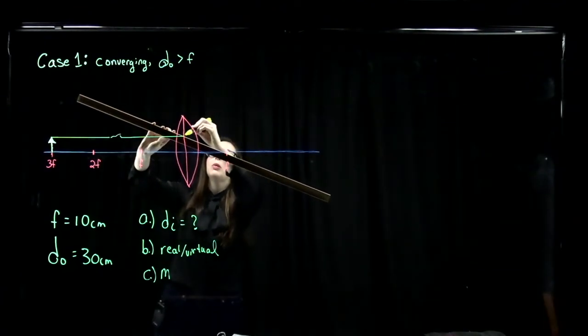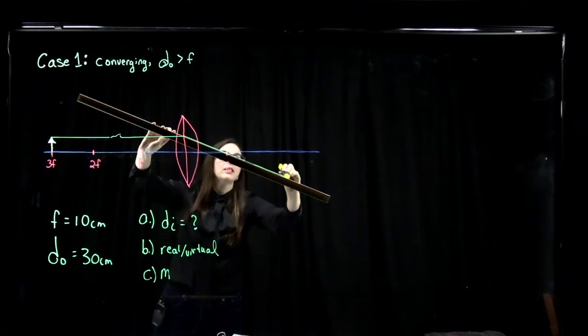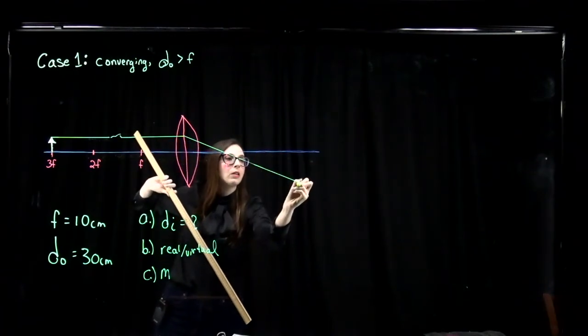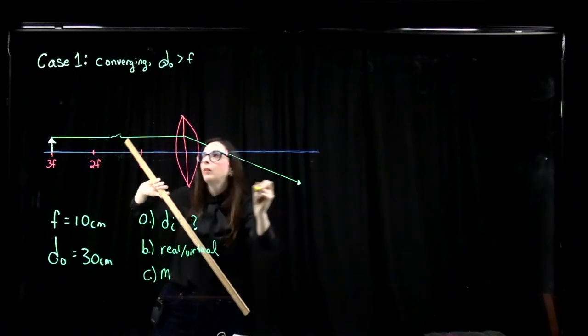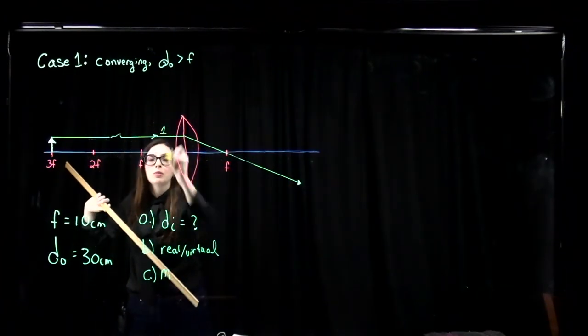So I cross the midpoint of my lens and go through the focal point on the other side. My drawings are going to be a little bit off. They're not going to be as good as what you could do with a ruler on your own at home. Okay, so this is my first ray.